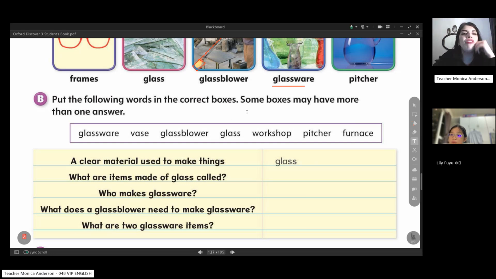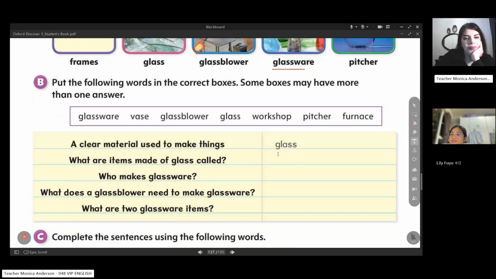Okay, now let's put the following words in the correct boxes. Some boxes may have more than one answer. So, a clear material used to make things, so it's glass. What are items made of glass called?